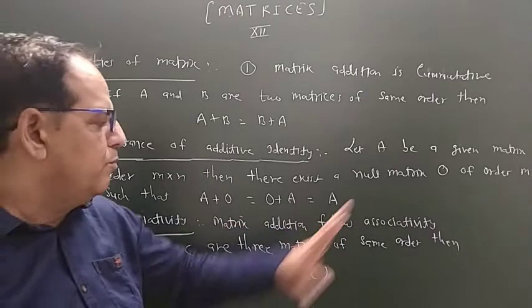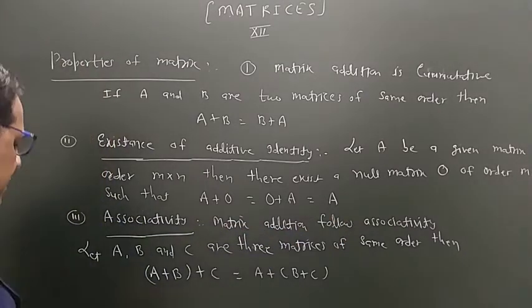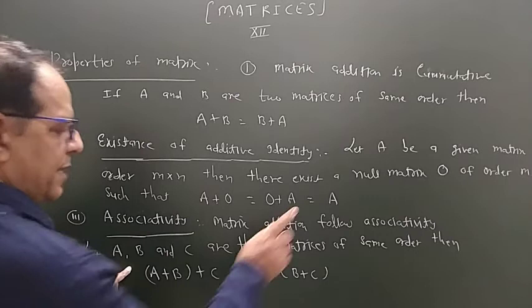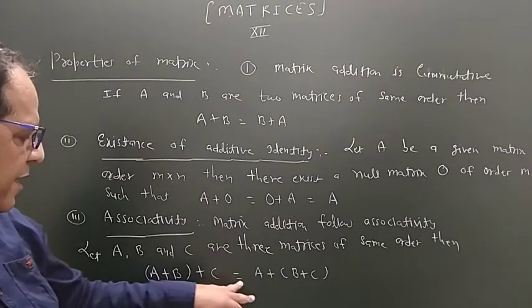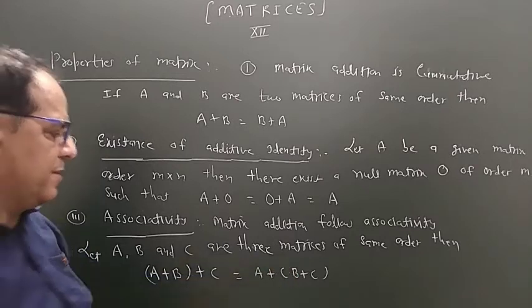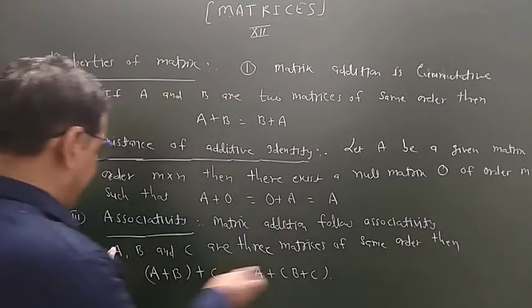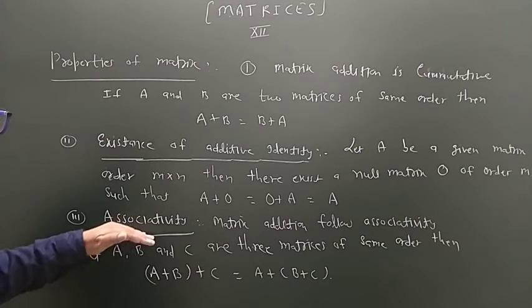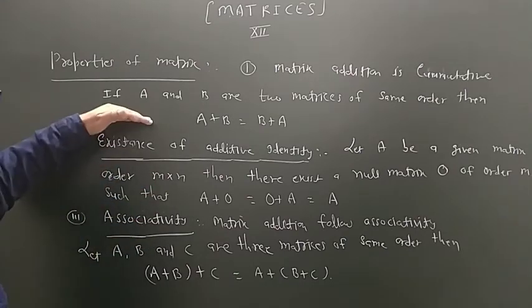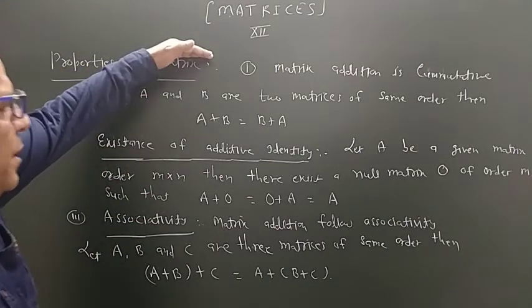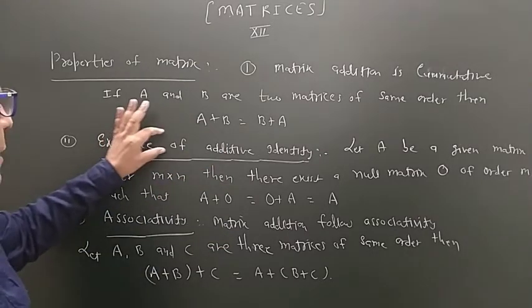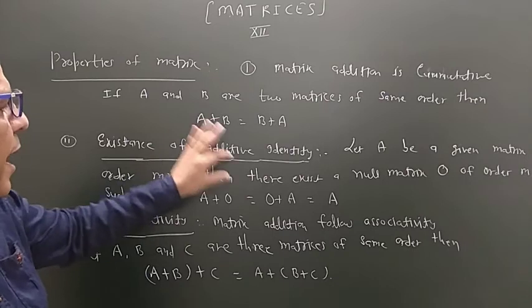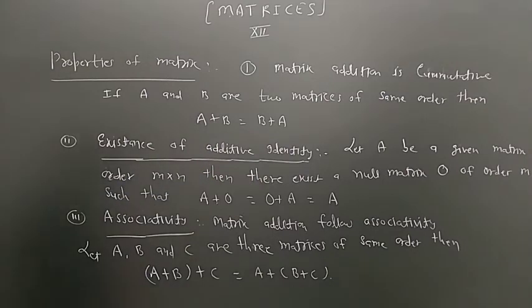If A, B and C are three matrices of the same order, then (A plus B) plus C is equal to A plus (B plus C). This is known as the associative property. That means matrix addition is commutative, matrix addition is associative, and matrices have an additive identity.